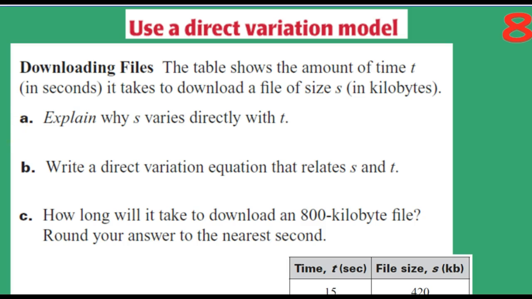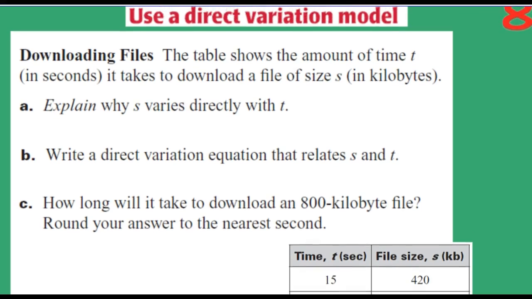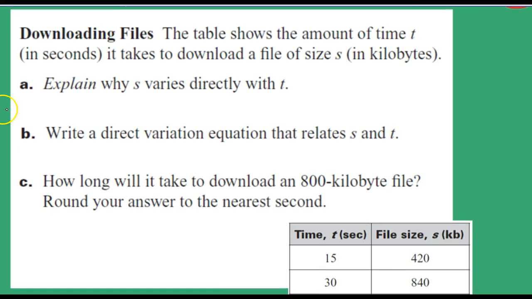Alright, last problem. We're talking about downloading files here. It says the table shows the amount of time t in seconds it takes to download a file of size s in kilobytes. Explain why s varies directly with t.